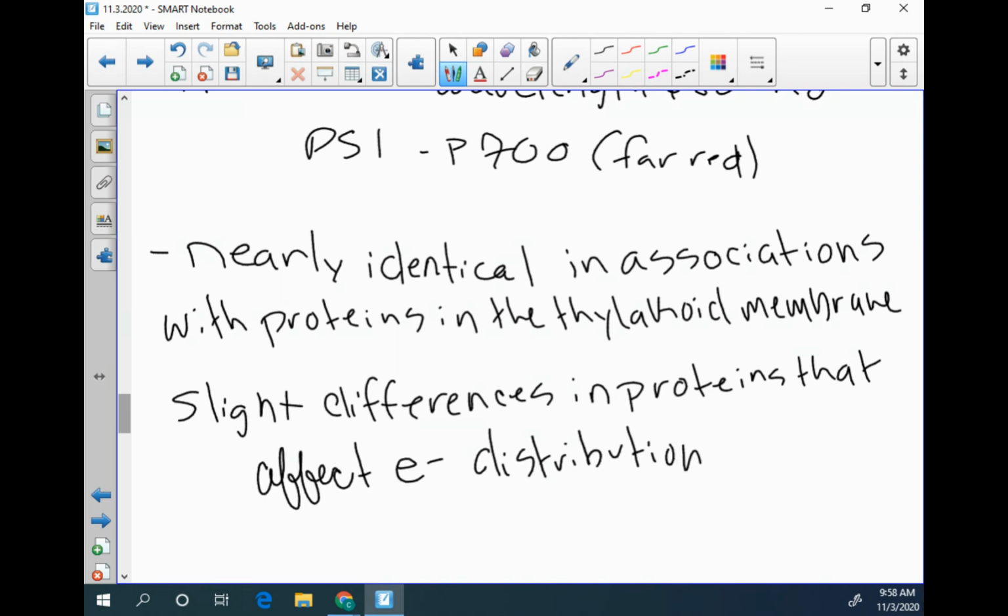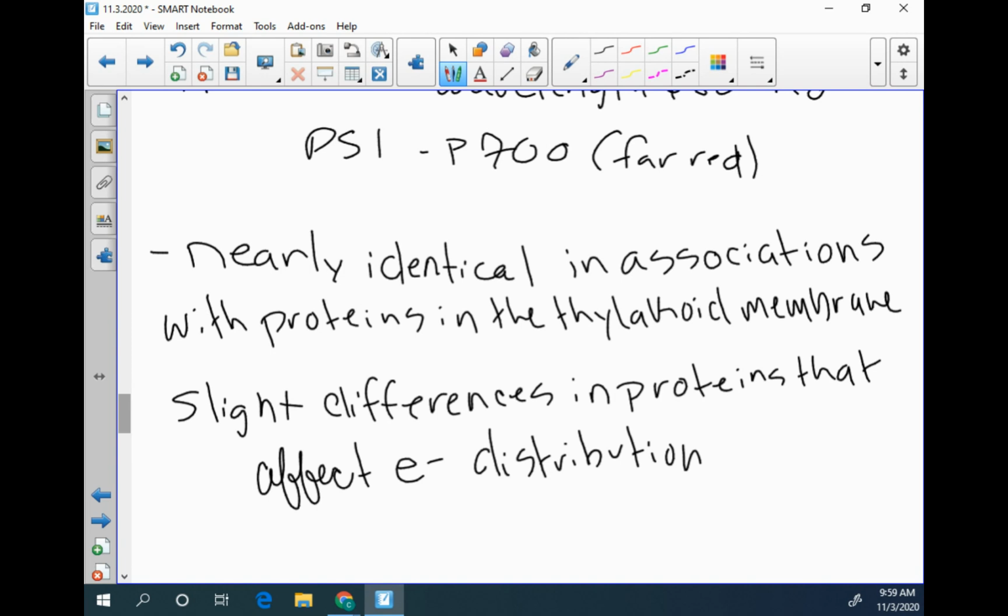They look similar and are associated with proteins similarly, but the proteins are slightly different because the way that electrons are distributed from them is different. And that is kind of the goal of tomorrow, to talk about electrons.